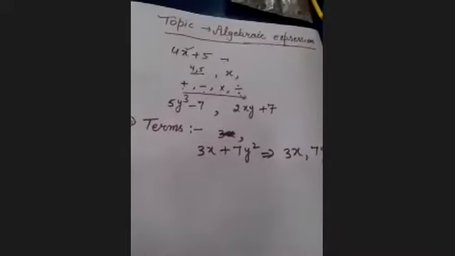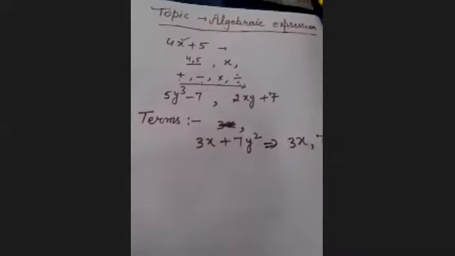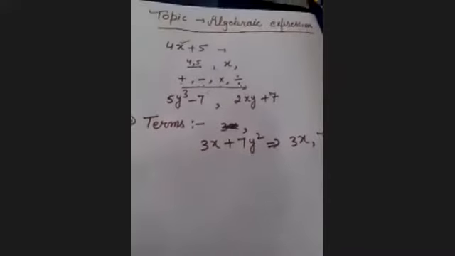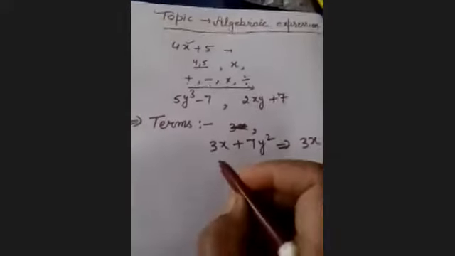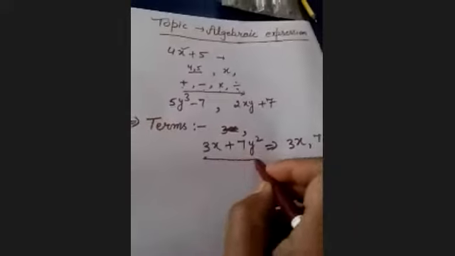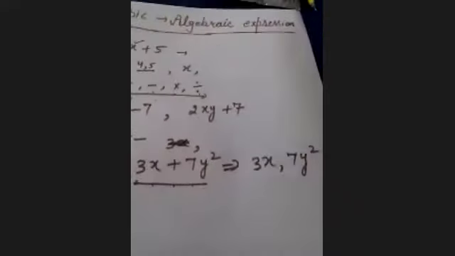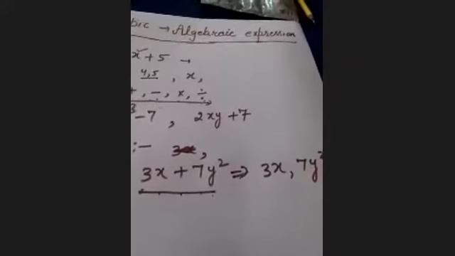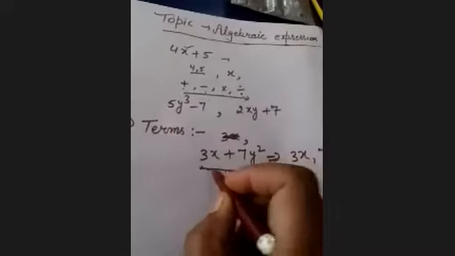So basically, each part of an algebraic expression which is joined by the four operations is known as a term of the expression. In this algebraic expression, we have two terms.